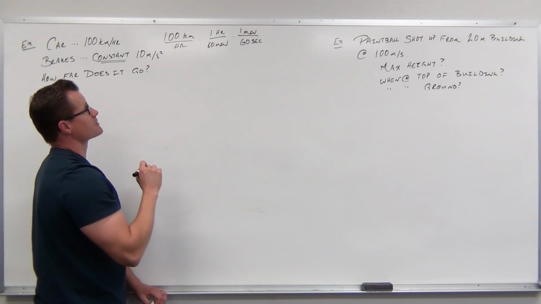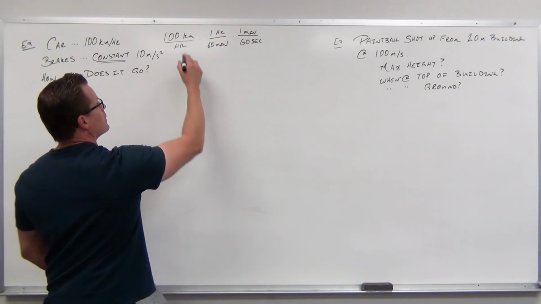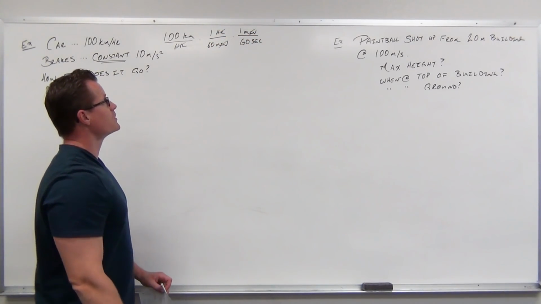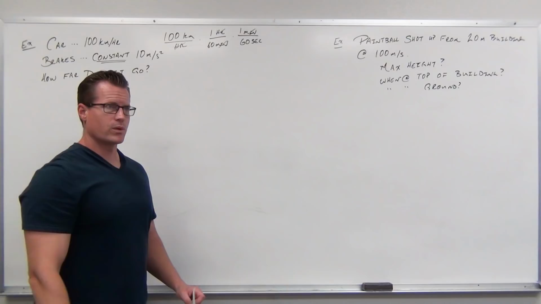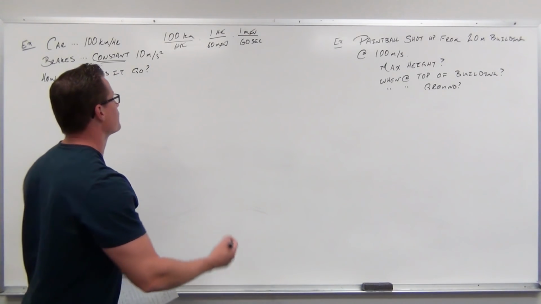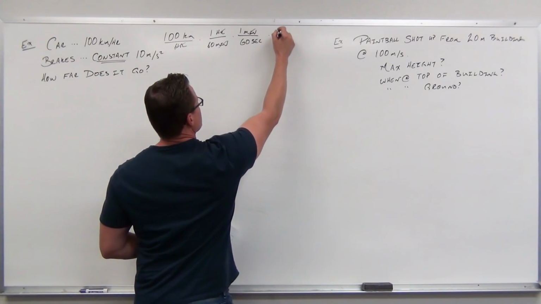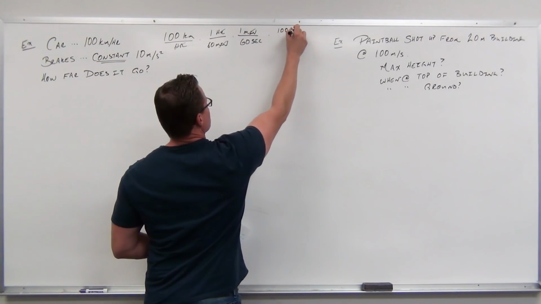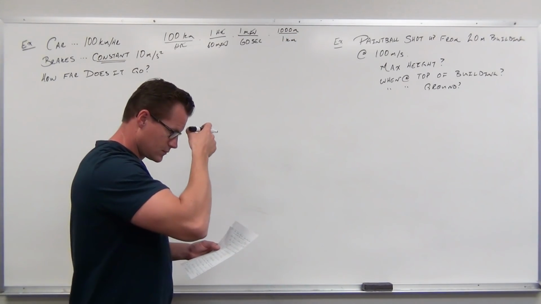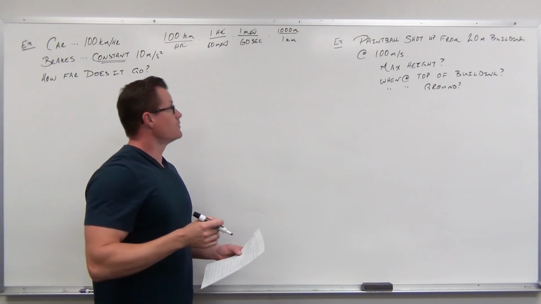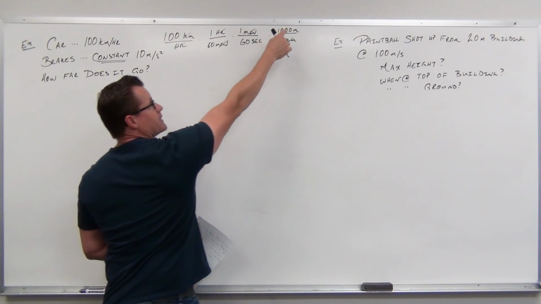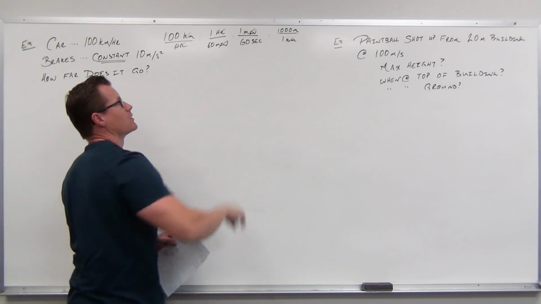So if we get this, at least we'll have kilometers per second. Well, we also know that there's 1,000 meters in a kilometer. And if we do that, we remember kilometers, we're going to have meters as the unit on top, seconds as the unit on the bottom.